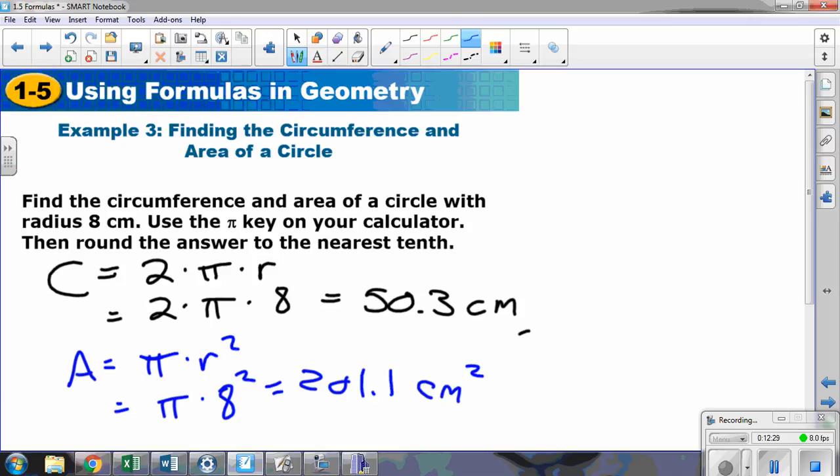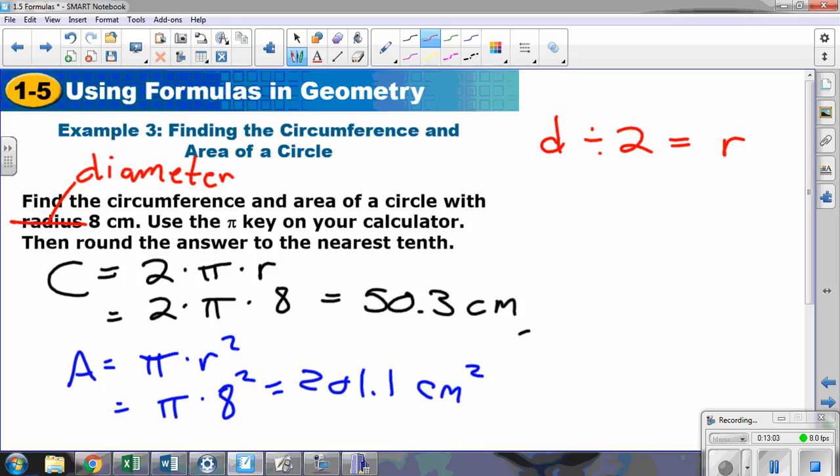And we won't go through and do the number crunching, but imagine for a second that this didn't say radius. What if instead it said diameter? How would the problem have been different if we were given the diameter? Well, how do you get the radius from the diameter? If you take the diameter and cut it in half, it'll give you the radius.